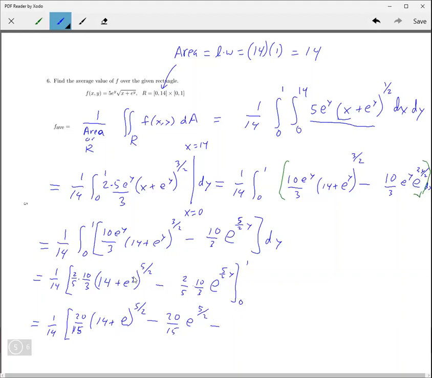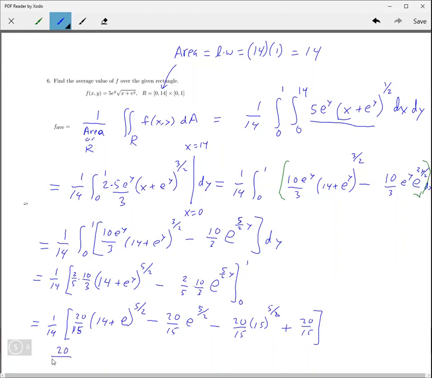So that's going to be minus, you put a 0 in here, that's going to be 20 over 15 times 15 to the 5 halves. Oh, goodness. And then plus, and here again, that's 20 over 15. e to the 0 is 1. Okay, so that's right there. Oh my goodness.